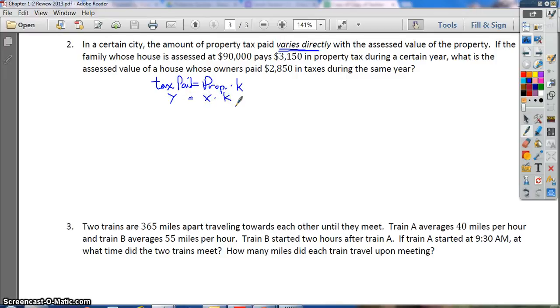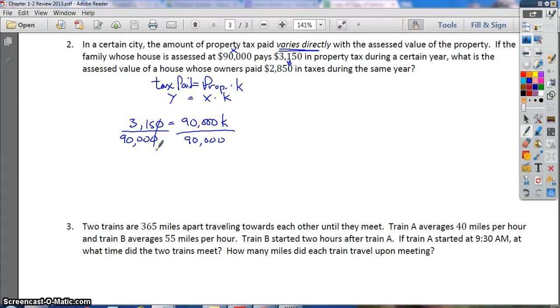A house is assessed at 90,000. So this is my x value. The tax paid on that property was $3,150. That would be y. So I'm going to say, okay, this is 3,150 equals 90,000 times k. So to solve for k, divide by 90,000.